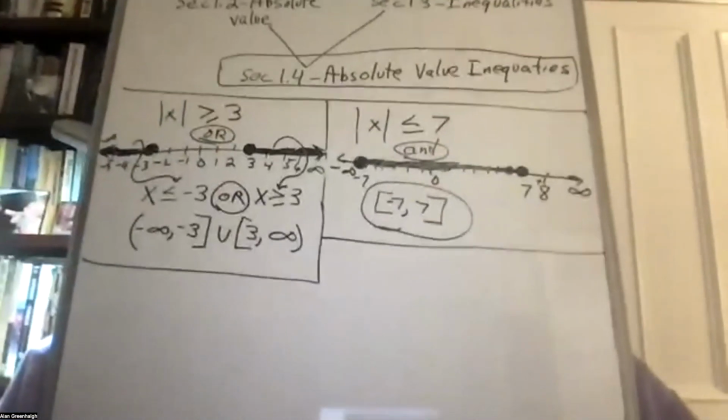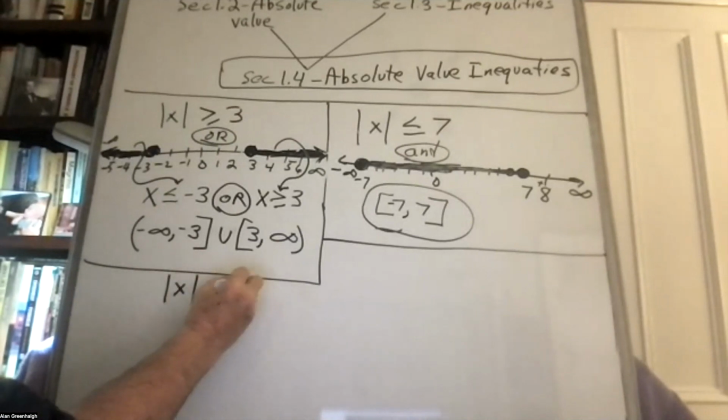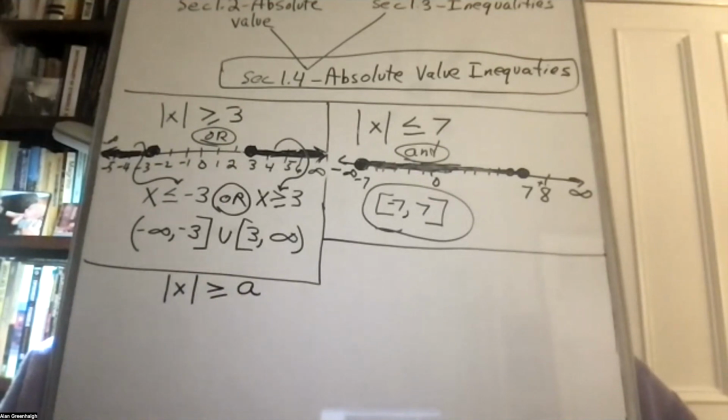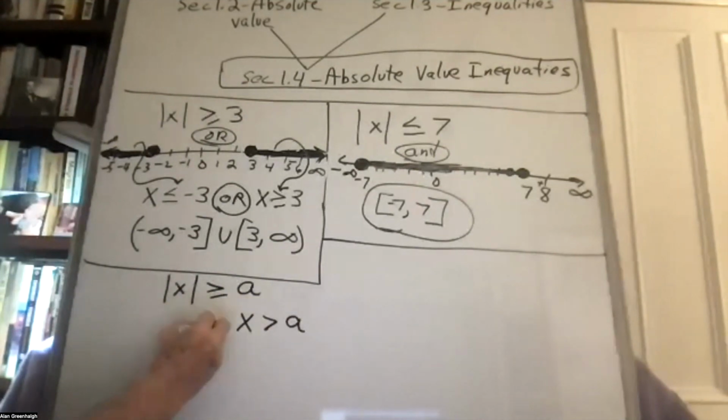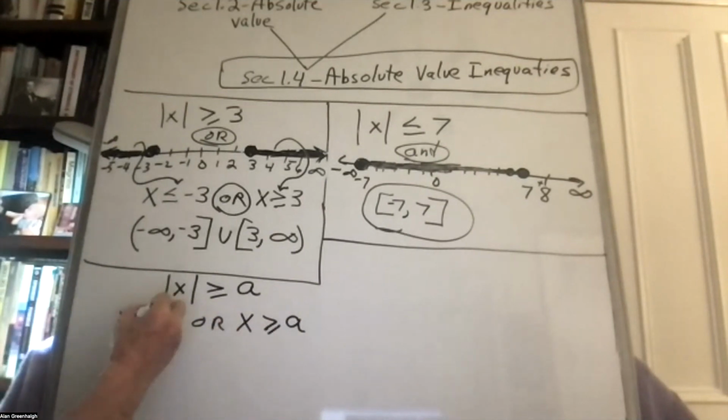The rule: when the absolute value of x is greater than or equal to some value a, then x is greater than or equal to a, or x is less than or equal to -a.